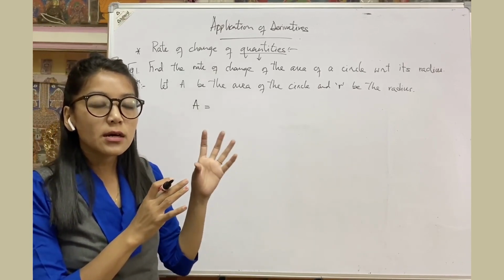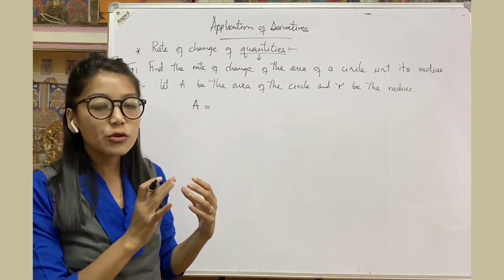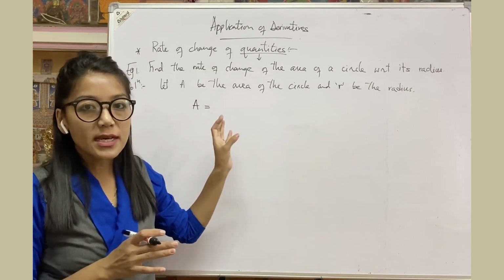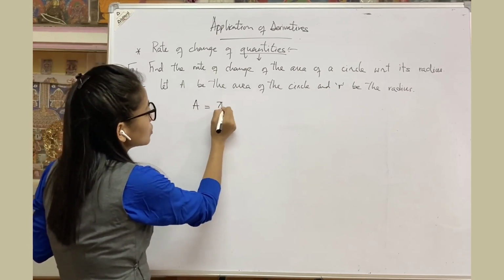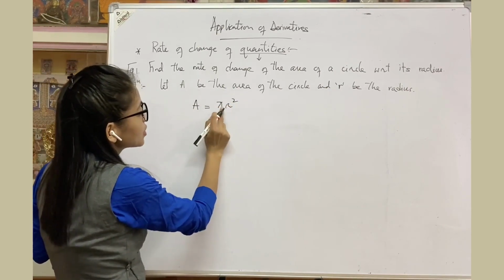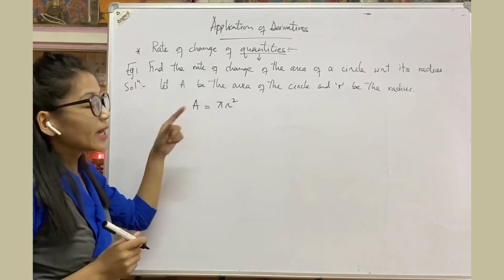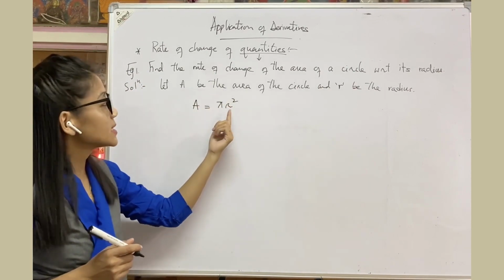Without knowing all the class 10 mensuration formulas, you won't be able to do this exercise. So let me write A equals pi r square. We know the area of the circle is pi r square. Now like we take y for area, here it is A, and like we take x, here it is r.